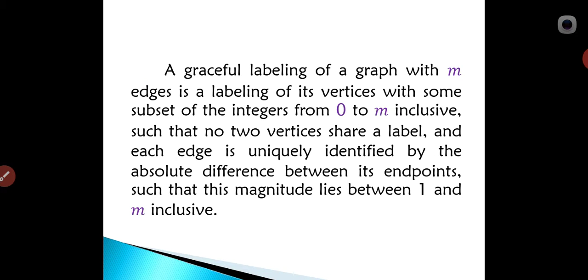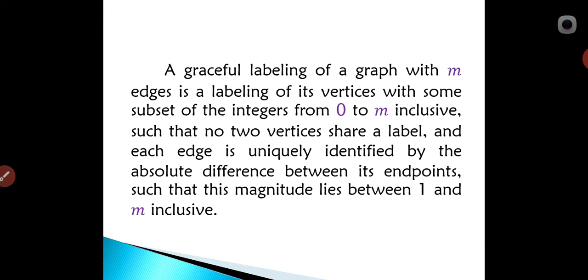It's another simple example of graceful labeling. Here, a graph with m edges, the vertices are labeled with numbers from 0 to m. Here we choose subsets of 0 to m. Also, the edge condition is the absolute difference between its end points.